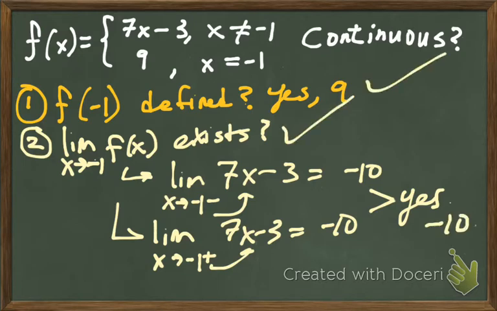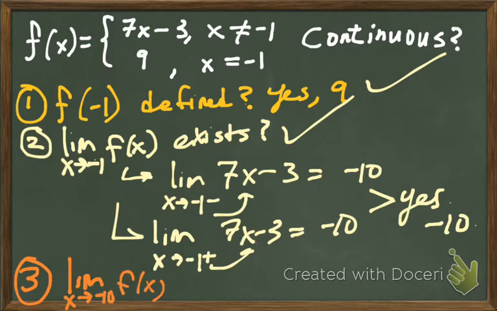So check, check. Step 3, which I might be able to fit, is the limit as you approach -1, aka -10. Oops. Don't know if this will be visible on my small screen here.